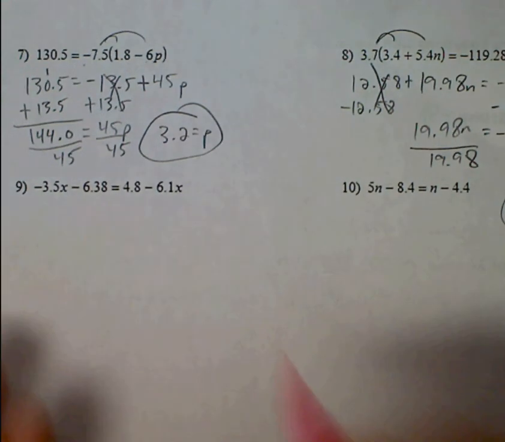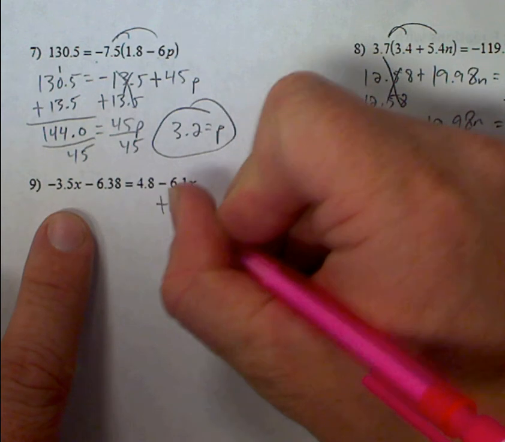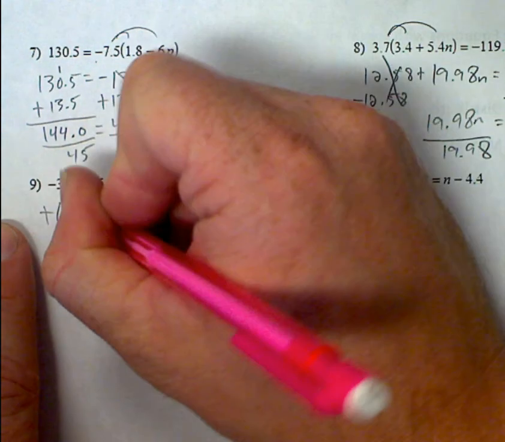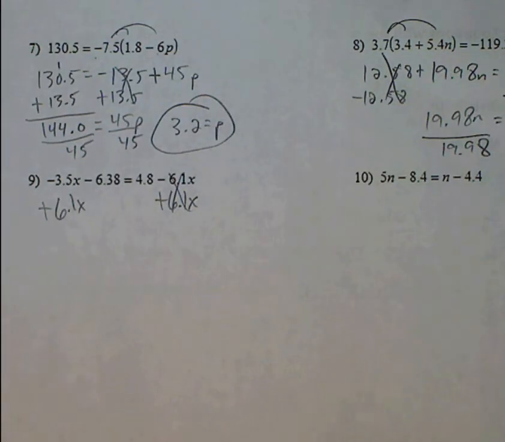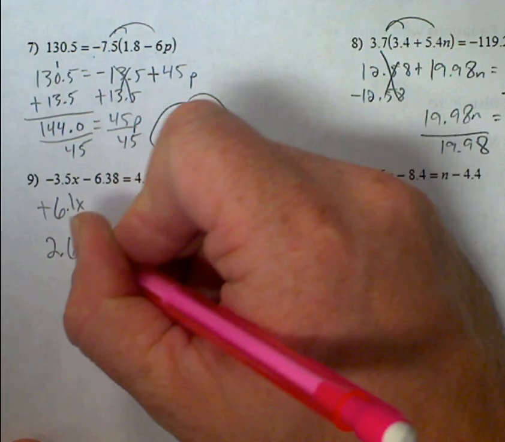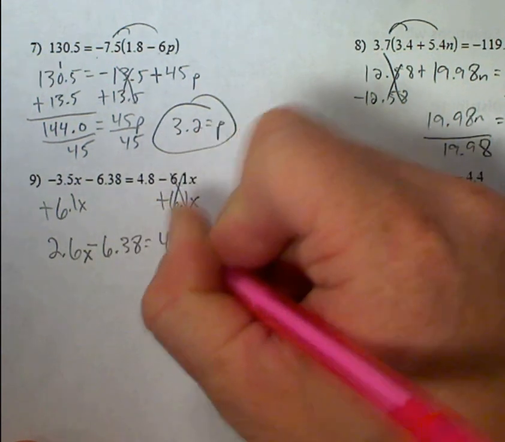Number 9. Now I notice that my variables are separated, so I'm going to go ahead and get my variables together. I got to add my 6.1 over, so I'm going to take 6.1 minus 3.5, that's 2.6x minus 6.38 equals 4.8.